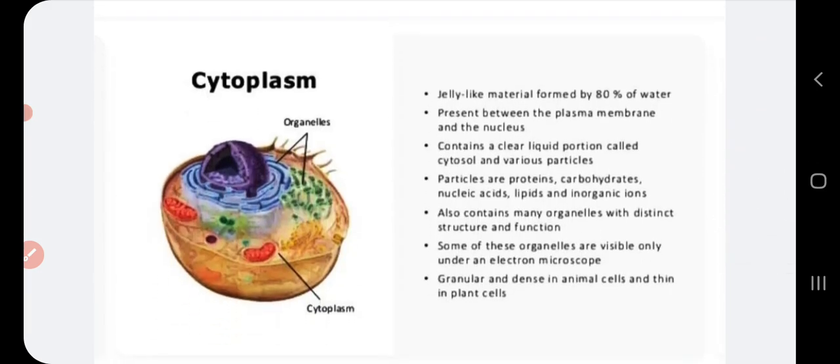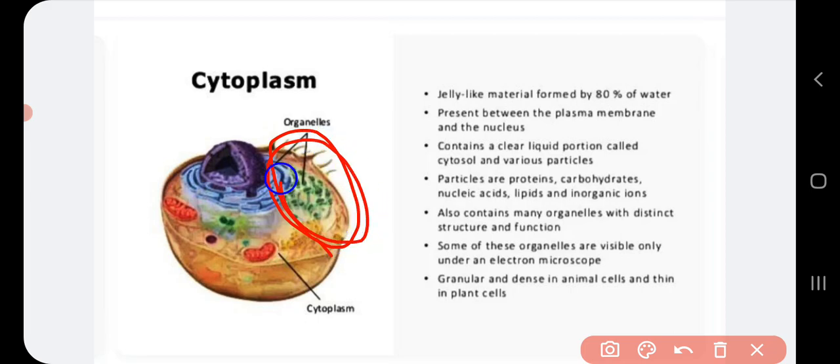Cytoplasm. The cytoplasm is a jelly-like material, 80% water, present between the plasma membrane and the nucleus. In this picture, the green structure is the cytoplasm. It contains a clear liquid portion called vacuoles and various particles: proteins, carbohydrates, nucleic acids, lipids and inorganic ions.